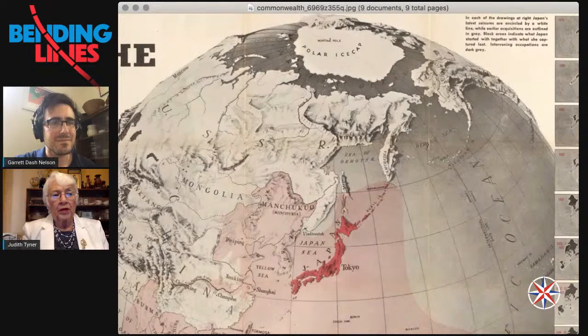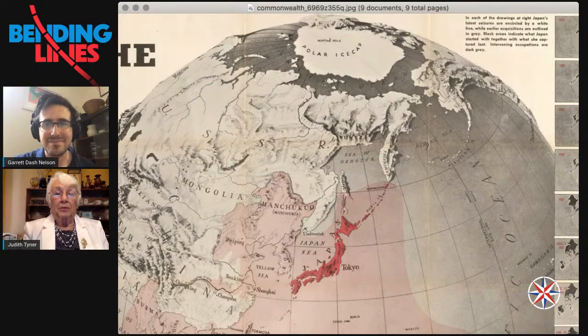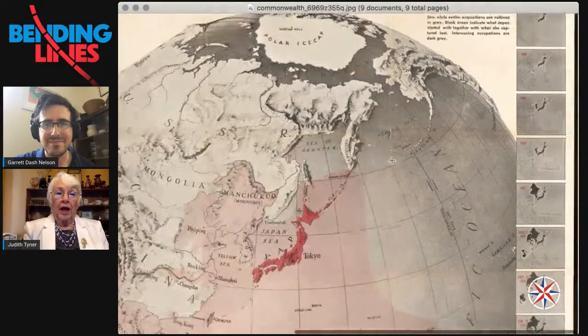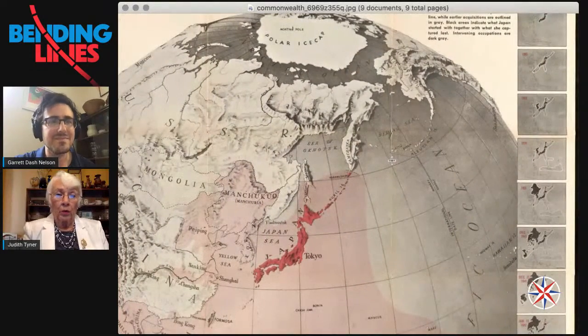And people would look at that and, well, we're safe. Look how far away Japan is. But Harrison would put these spherical projections, and all of a sudden, oh, look how close that is. That's not far at all.